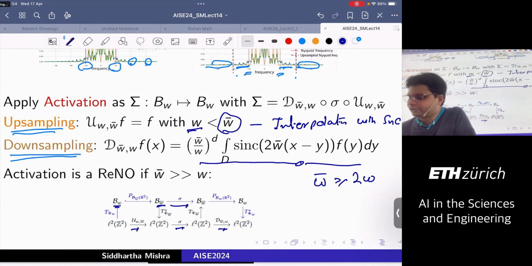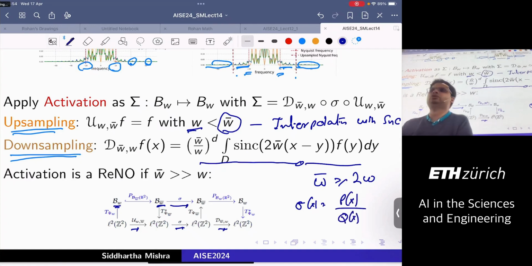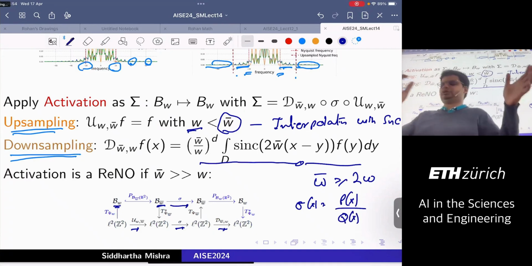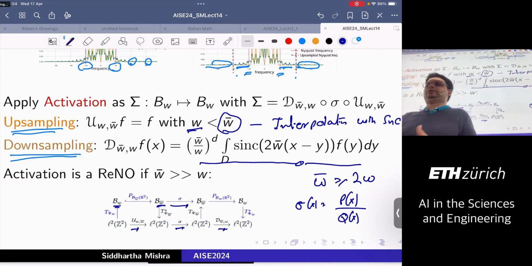However, if you take rational functions, so for polynomials this is exact, right? If your sigma of x is some polynomial divided by another polynomial, you can still do this, because you have polynomials on the left and polynomials on the right, so you can solve a nonlinear equation by Newton, and you can still do it exactly for rational functions.